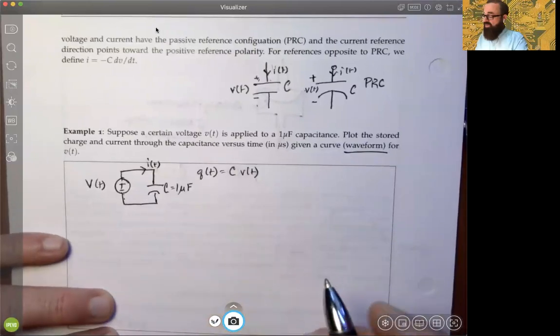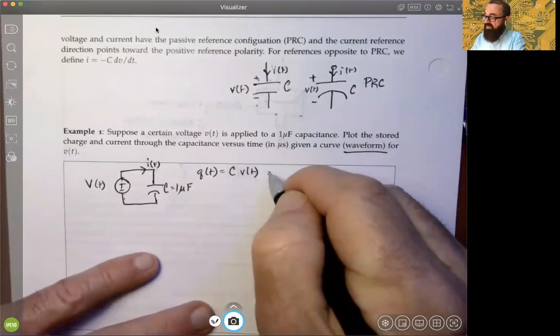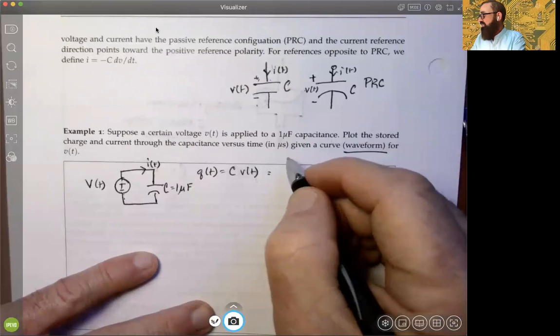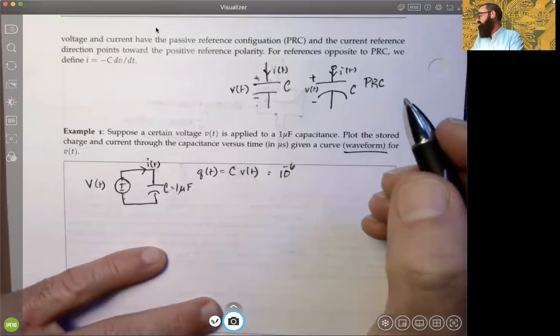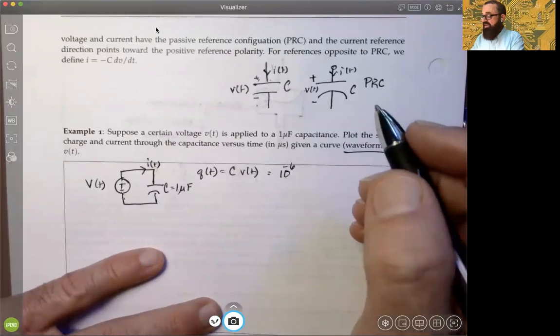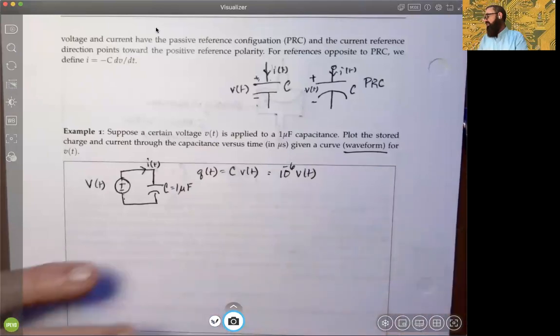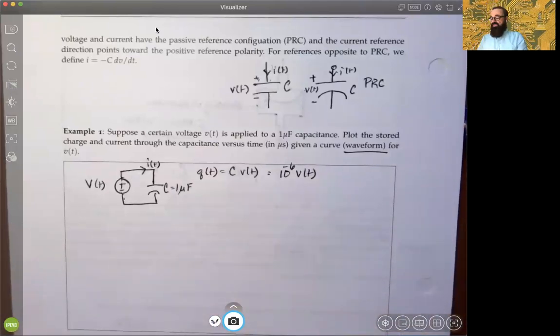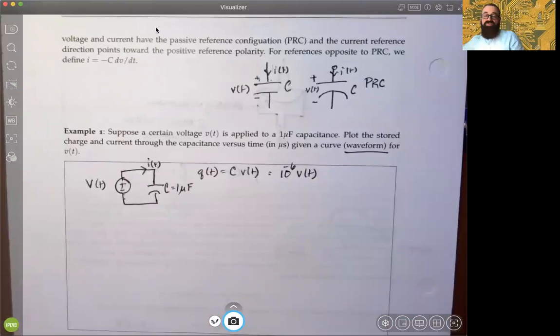So what we really have, because it's microfarads, remembering the scale from our table of units, this would be 10 to the minus 6, right? In terms of what a microfarad is. And so that's 10 to the minus 6 times v of t, right? So that tells us something about the scale of the graph for q of t.